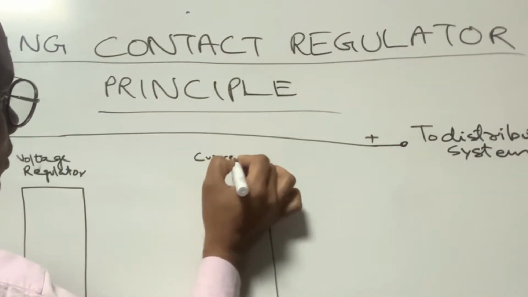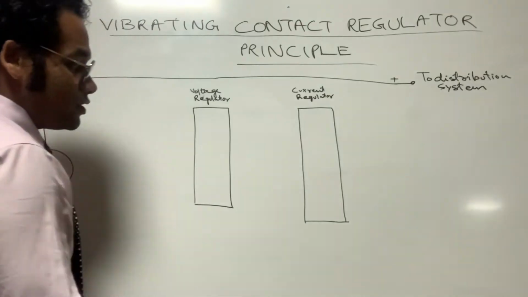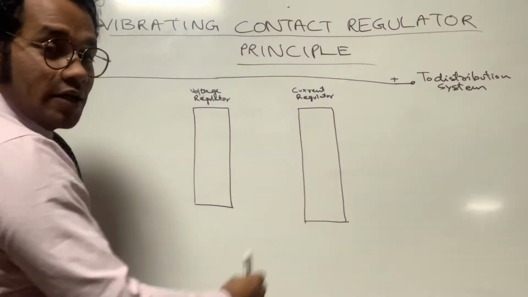So there is a voltage regulator core and a current regulator core.